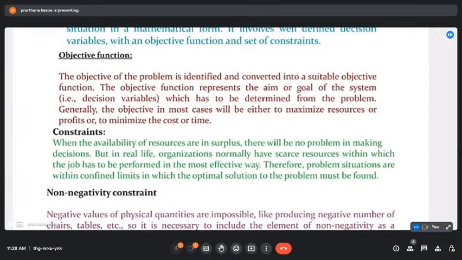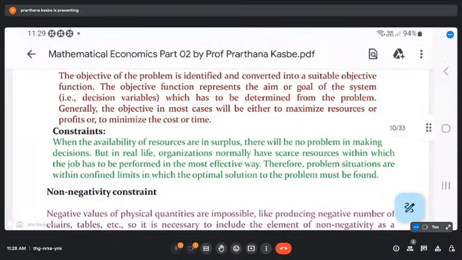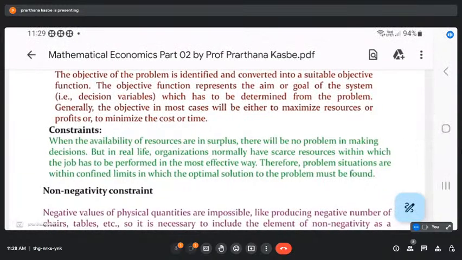Objective function. The objective of the problem is identified and converted into a suitable objective function. The objective function represents the aim or the goal of the system. For example, the decision variable is determined from the problem.